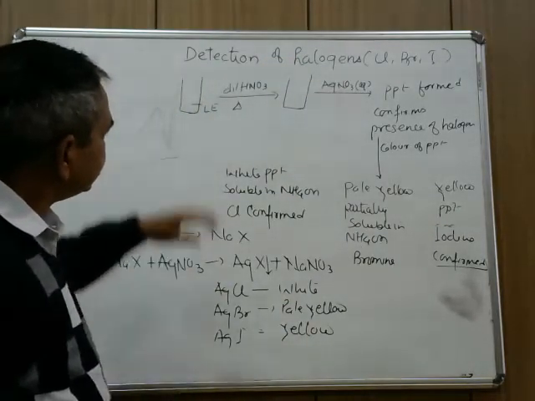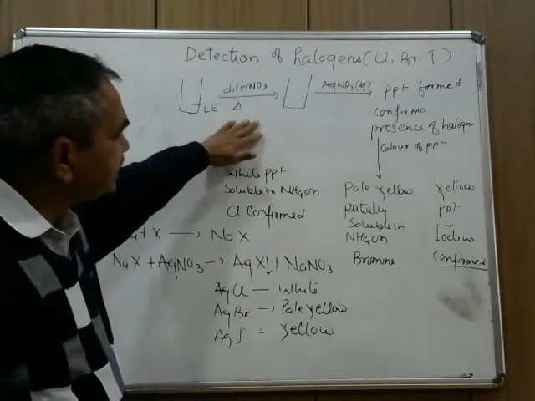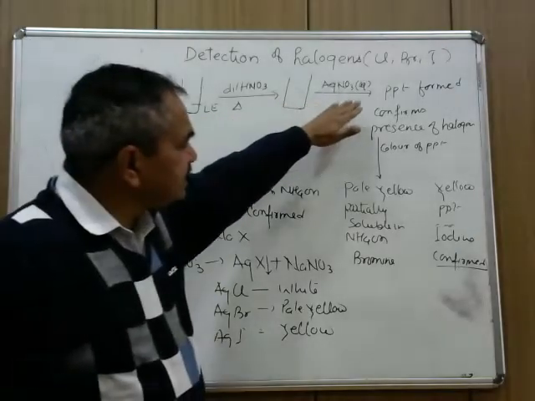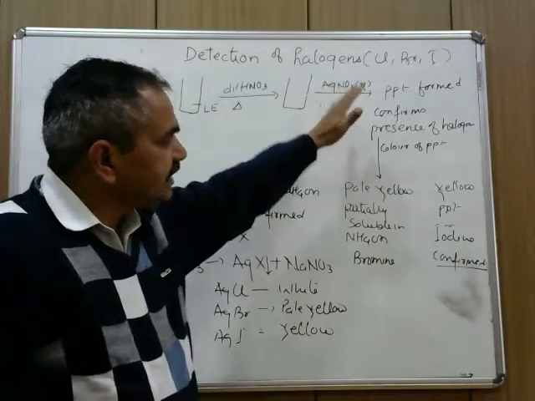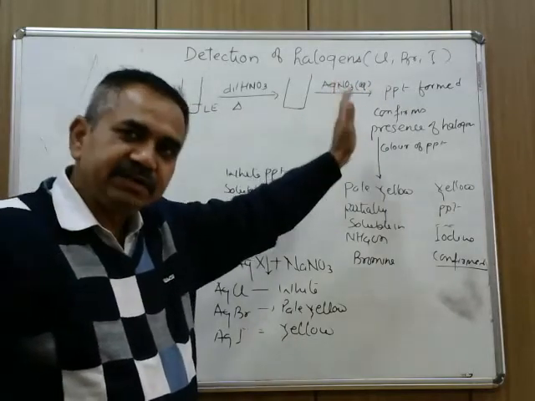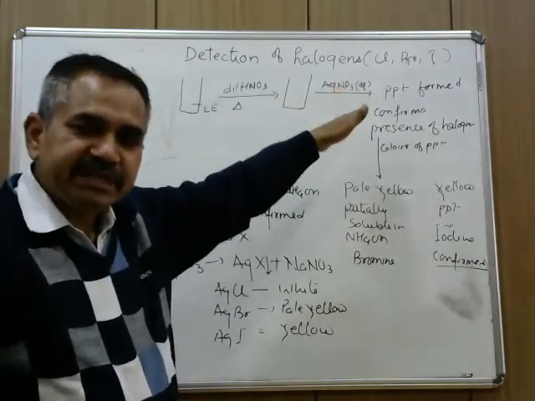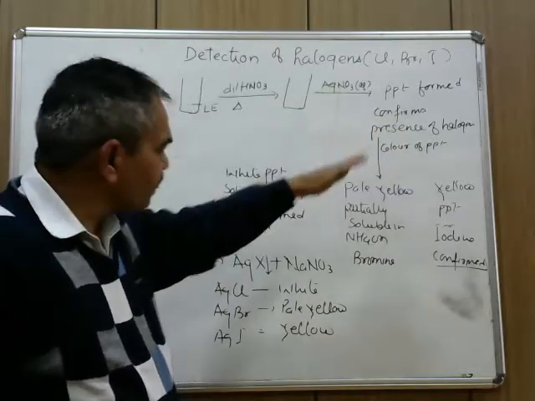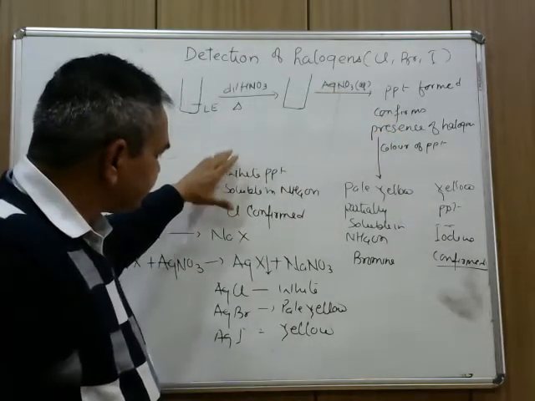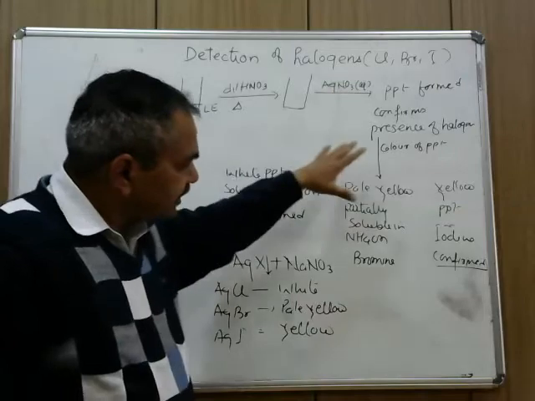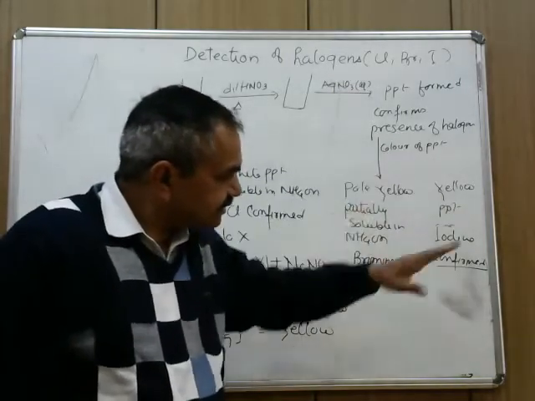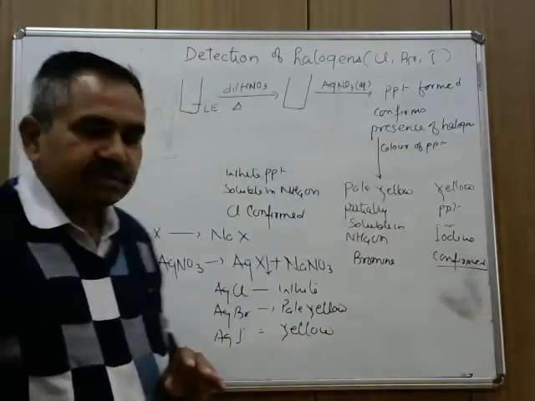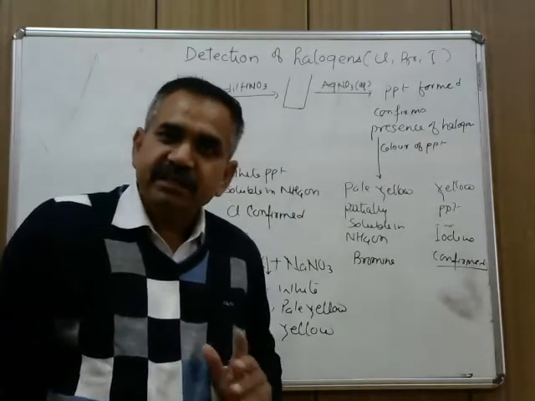Quickly to remind you, Lassaigne's extract is boiled with HNO3 and then AgNO3 solution is added. If no precipitate is formed, halogen is absent. If some precipitate is formed, halogen is present. If a white precipitate is formed, it is chlorine, pale yellow is bromine, and yellow is iodine.